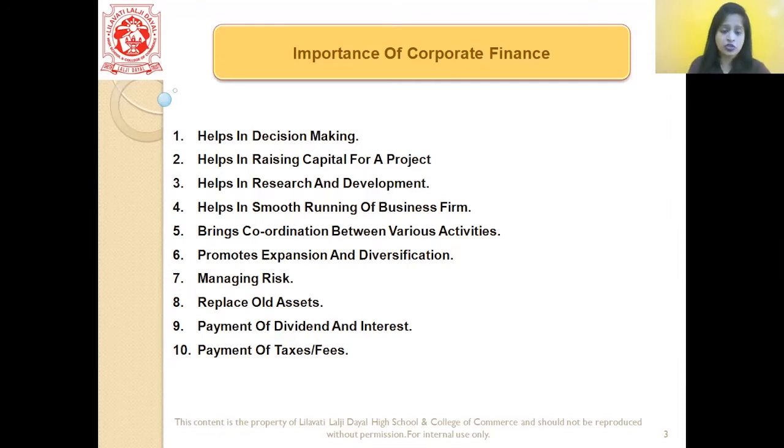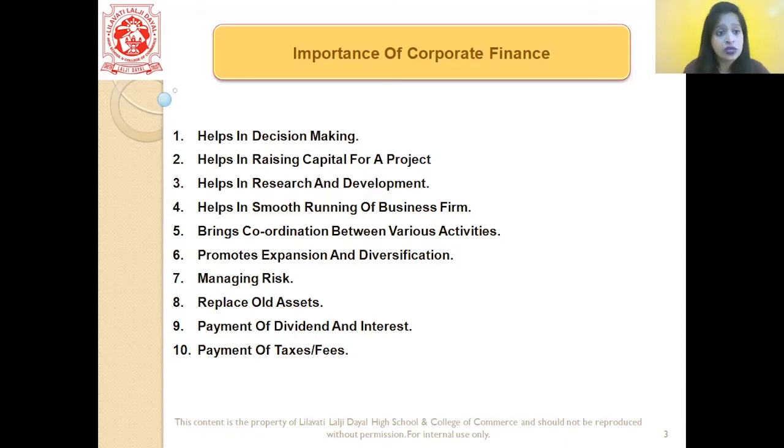After the production department, you have the marketing department and the sales department; all the departments will suffer. But if there is proper corporate finance, the flow will be continuous. There will be proper coordination between all the activities and among all the departments. Next one is it promotes expansion and diversity.